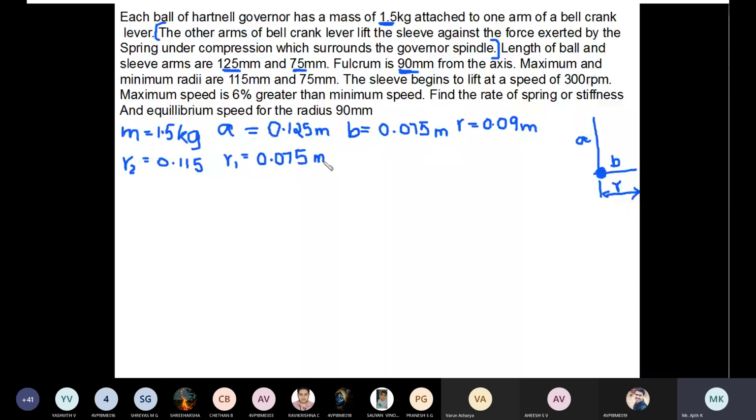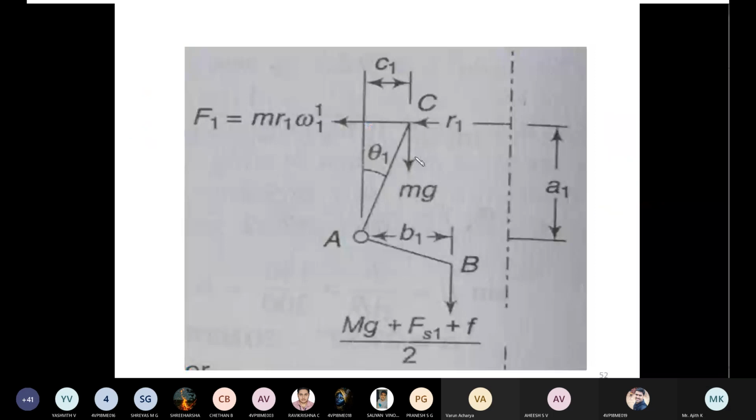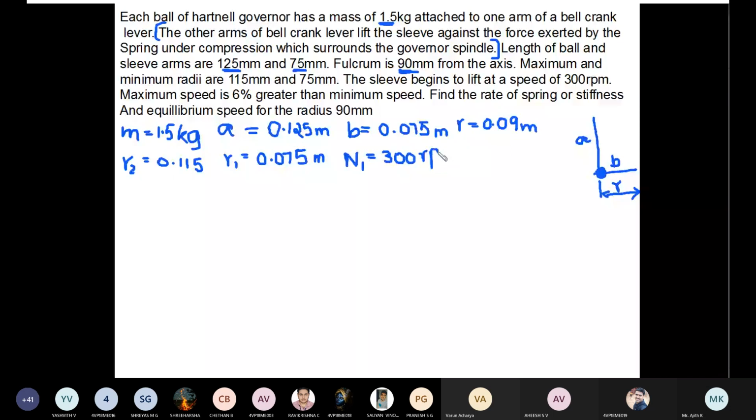Sleeve begins to lift at a speed of 300 rpm. That means N1, the minimum speed, is given. Sleeve begins to lift means that will always be the minimum speed, 300 rpm. In the next sentence, it is given that the maximum speed is 6% greater than the minimum speed. So the maximum speed N2 is 6% greater than 300.